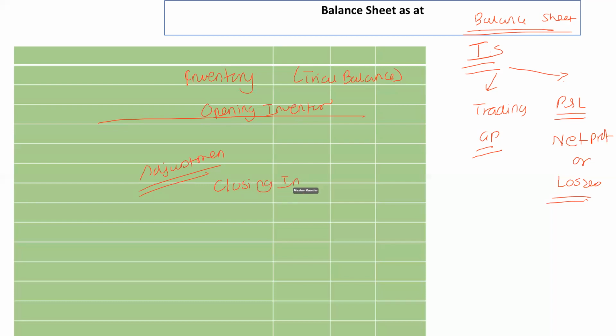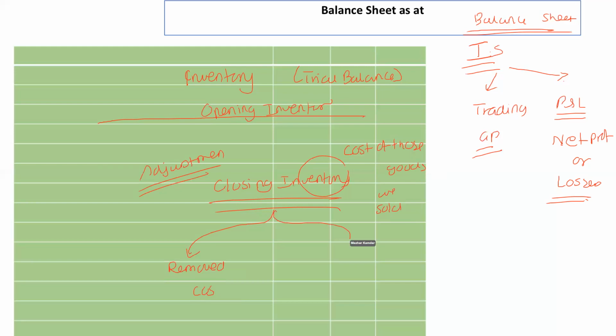Apart from that, we also learned the two effects of the closing inventory. This inventory does not form a part of the cost of those goods that we have sold. That is why such inventory should be removed from the cost of sales.